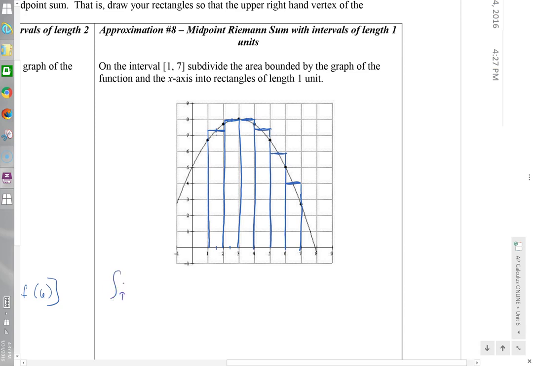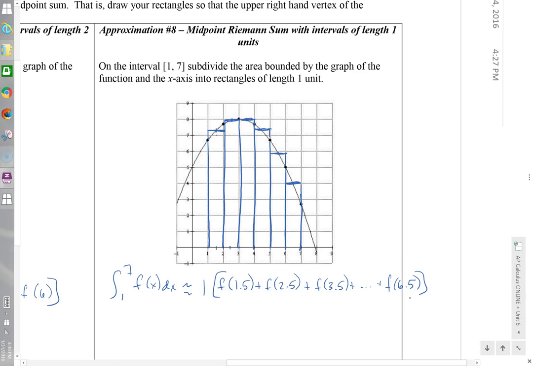So the integral from 1 to 7 of f of x dx is approximately equal to, well, our width is 1, times the function at 1.5 plus the function at 2.5 plus the function at 3.5 plus the function at 6.5.